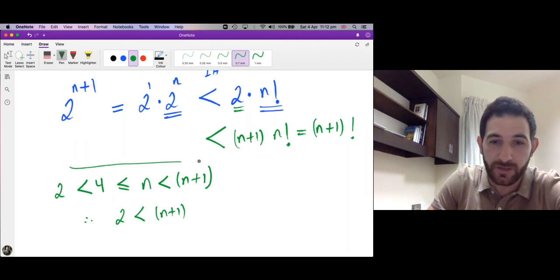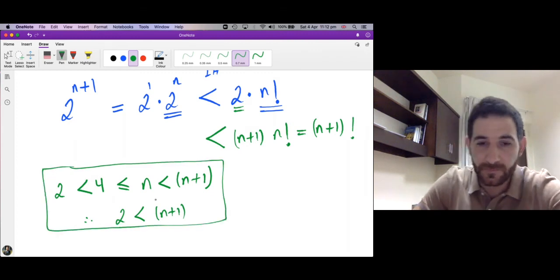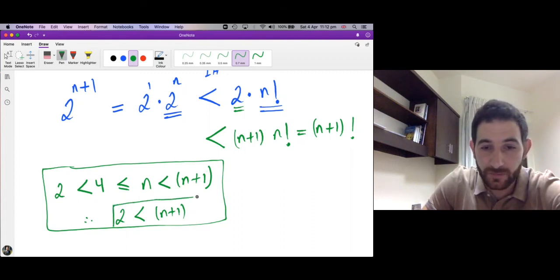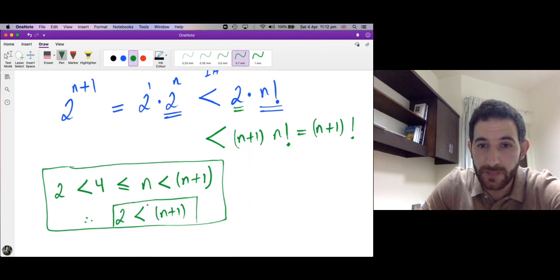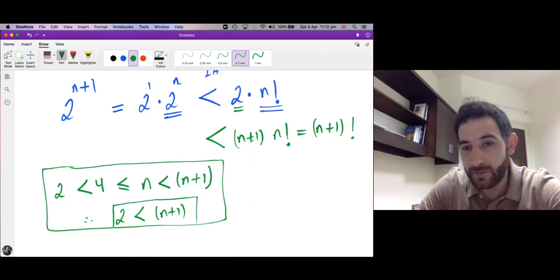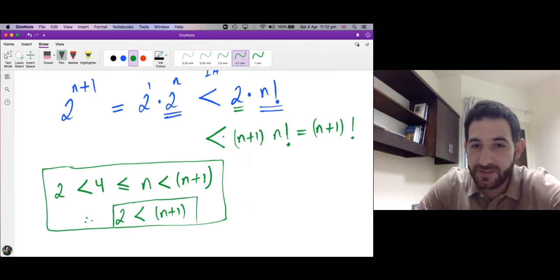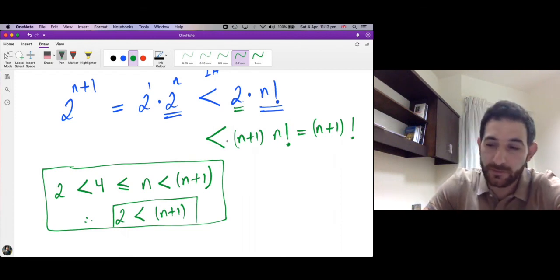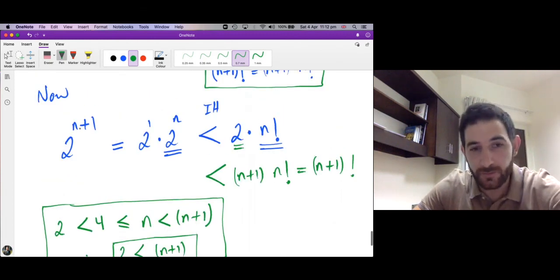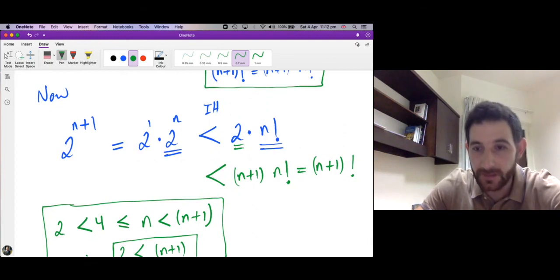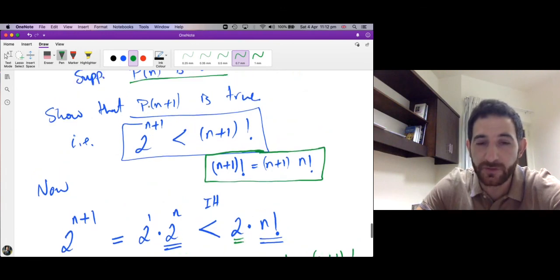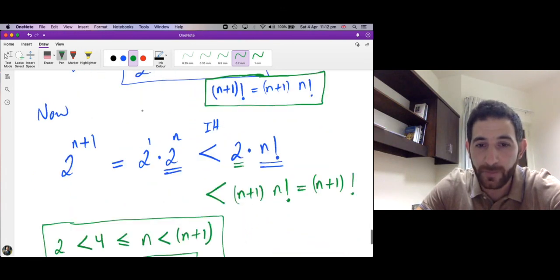So this work is on the side: since n is bigger than or equal to 4, we know that n plus 1 is bigger than 2, so we can replace 2 by n plus 1, preserving the strict inequality. And so this is what we want. We proved that 2 to the n plus 1 is strictly less than n plus 1 factorial. This shows that n plus 1 has the property P.